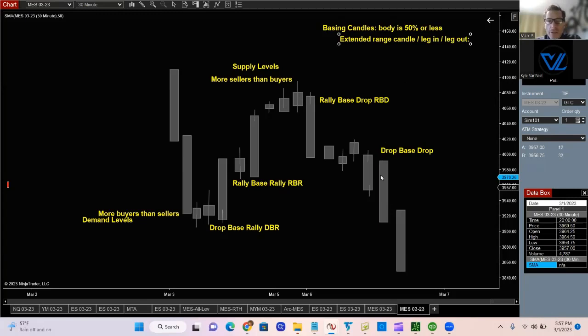Your extended range candles are sometimes called an extended range candle. Sometimes you hear somebody refer to it as a leg in or a leg out. And sometimes you'll hear it referred to as an impulse.